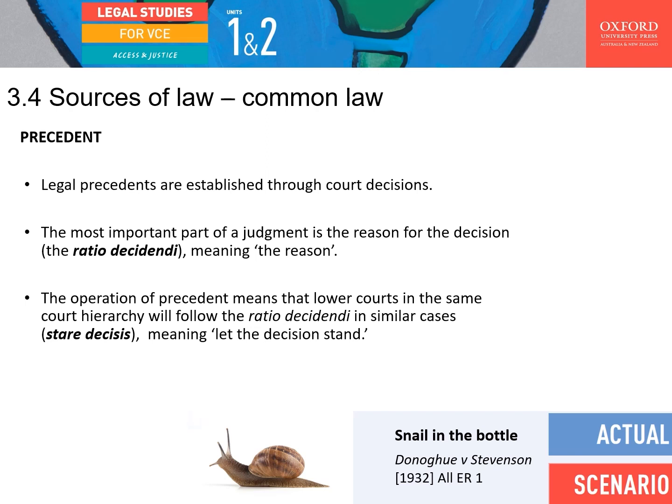The operation of precedent means that lower courts in the same court hierarchy will follow that ratio decidendi, meaning if the Supreme Court makes a decision on something, then the county court and the magistrates court must follow that ratio decidendi. That is a binding precedent. And stare decisis means literally just to let the decision stand.